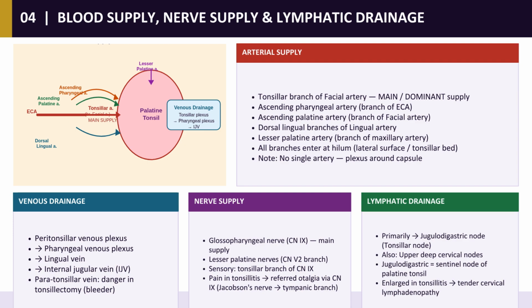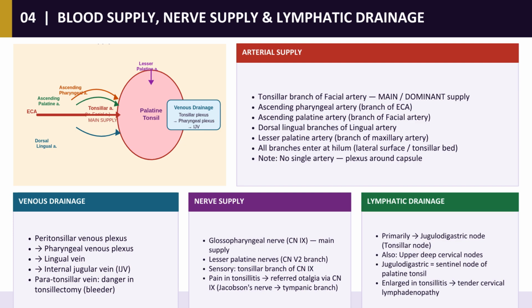Nerve supply: cranial nerve 9, the main supply is the glossopharyngeal nerve, lesser palatine nerve, a trigeminal branch of the maxillary nerve. Sensory tonsillar branch of cranial nerve 9; pain in tonsillitis is referred as otalgia via cranial nerve 9, Jacobson nerve, tympanic branch. It is most important from the MCQ's point of view.